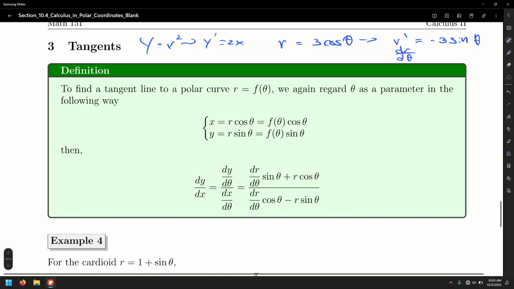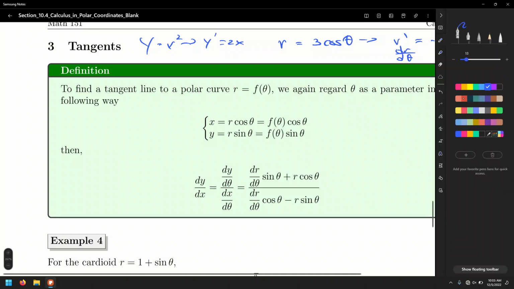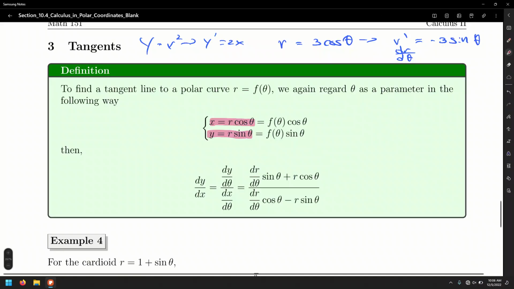But the way these functions are defined, the radius and theta are defined in terms of x and y, through these two polar equations, where x equals r cosine theta and y equals r sine theta.